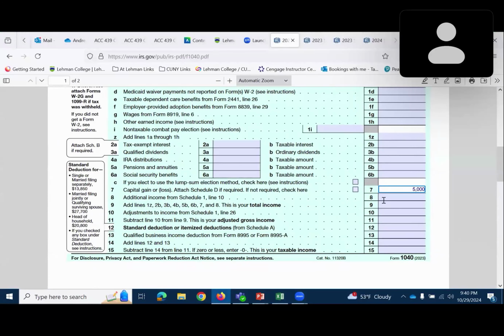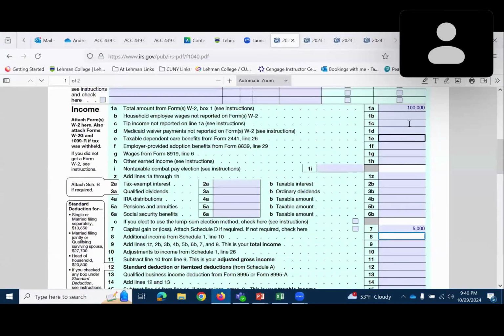I had income of 20,000 for my qualified business. That's $125,000 as my adjusted gross income. 100 plus 5 plus 20,000. That's my adjusted gross income.